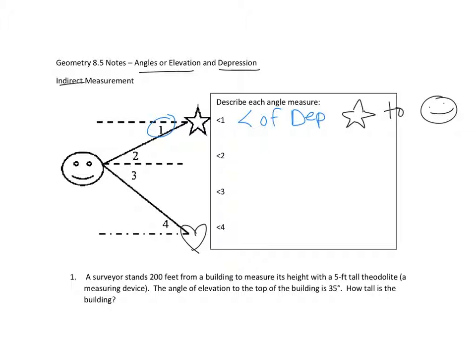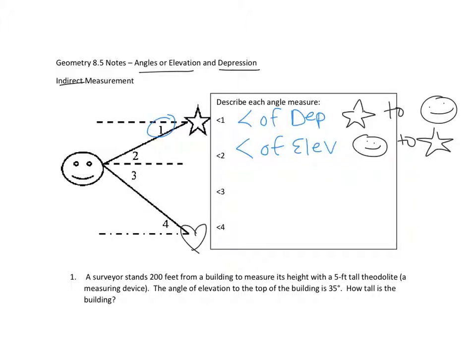Angle 2 is with respect to the horizontal right here, or the horizon, looking up at the star. So if you're looking up, it's an angle of elevation from the smiley face to the star.